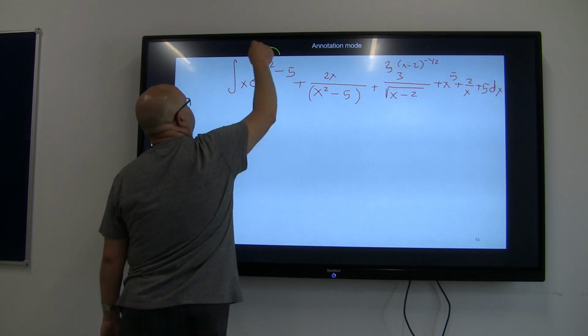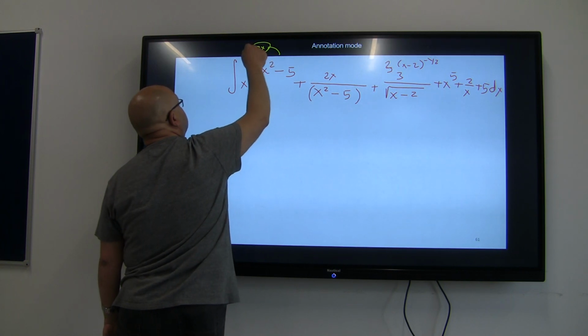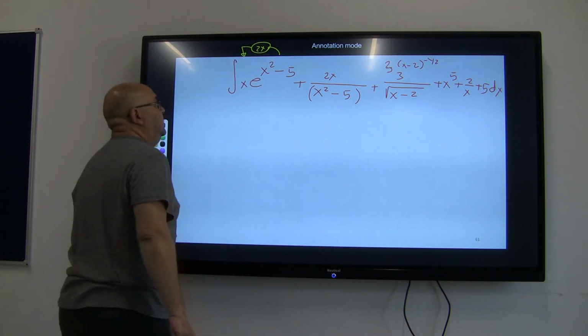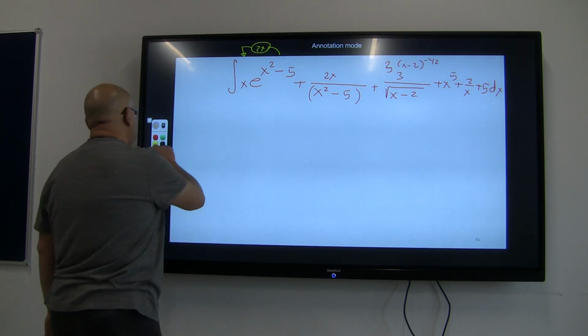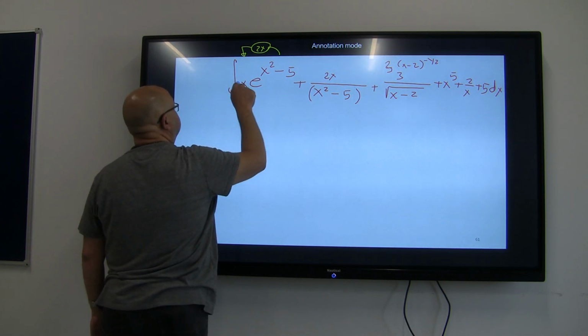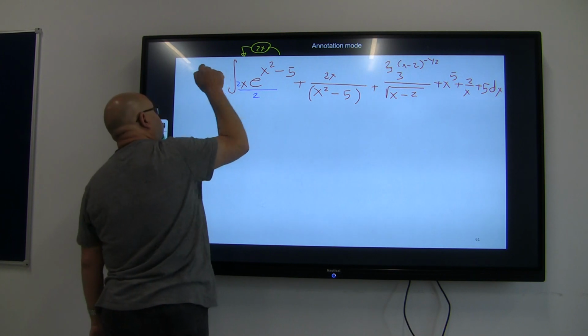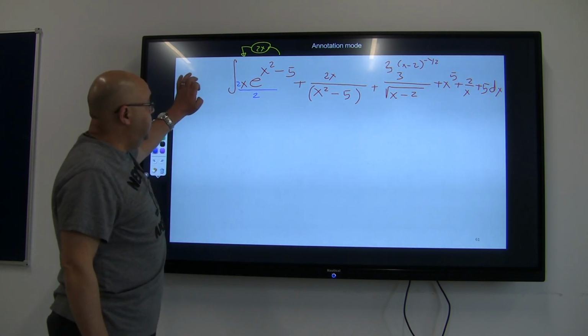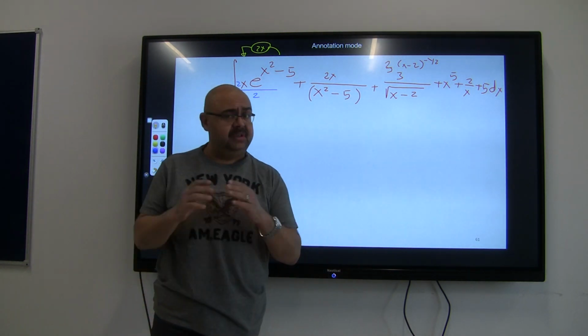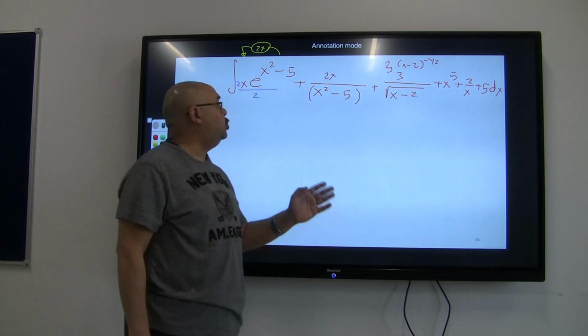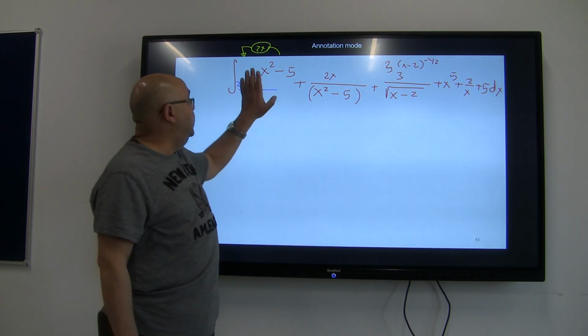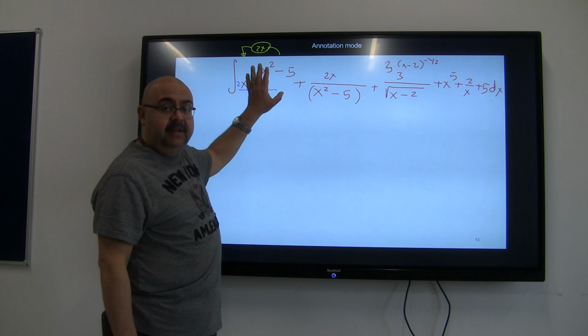So take care, the derivative of the power is 2x. I will have to ensure that it really exists here. So simply, I'm going to multiply by 2 and divide by 2. Don't put 2 here. If you put 2 here, it means all of this is multiplied by 2, and this is not correct. I want to be sure about this part only. And in this way, the rule can be applied.